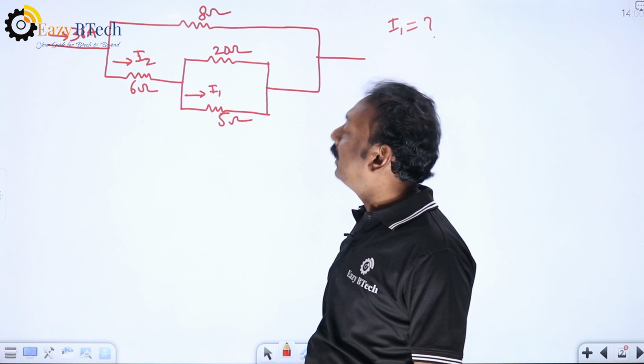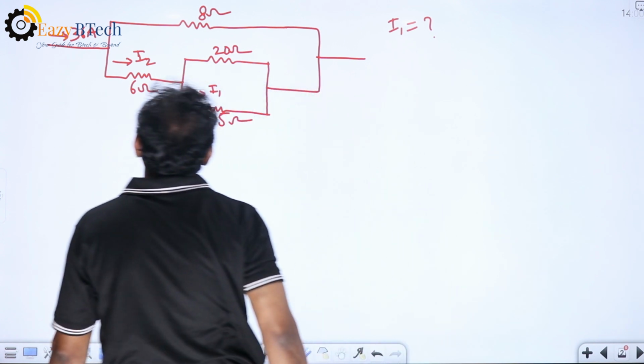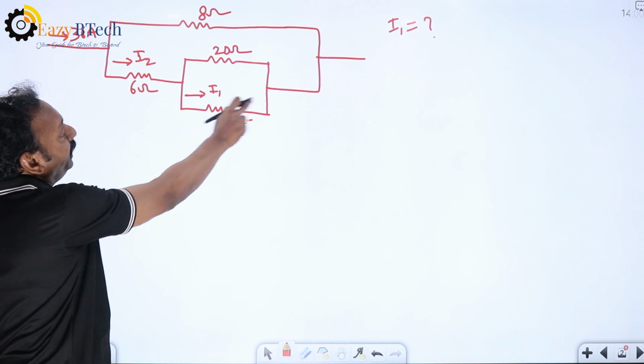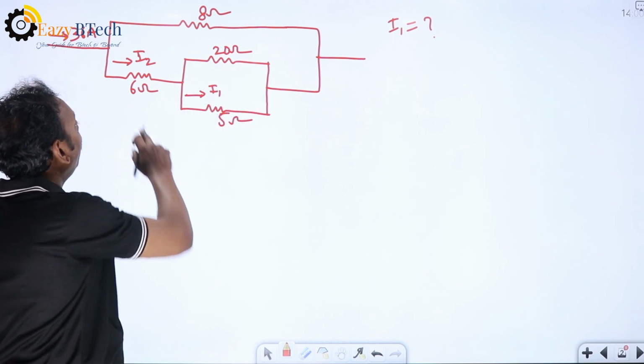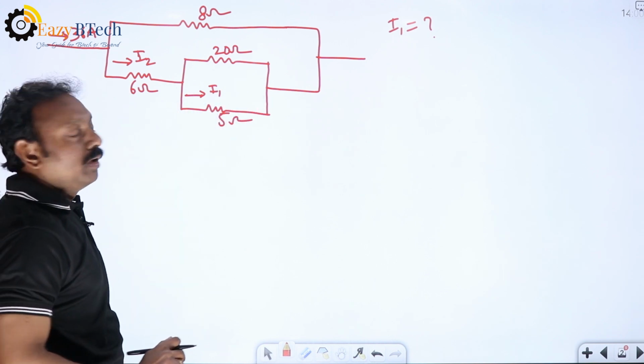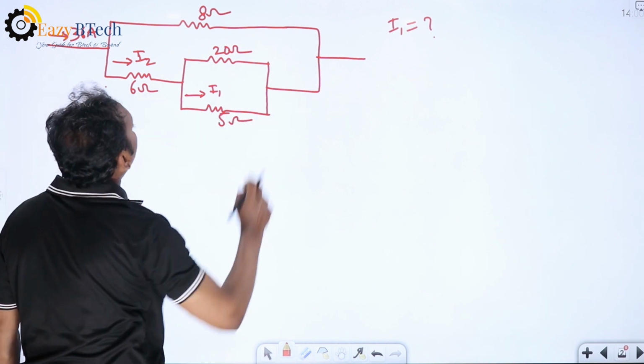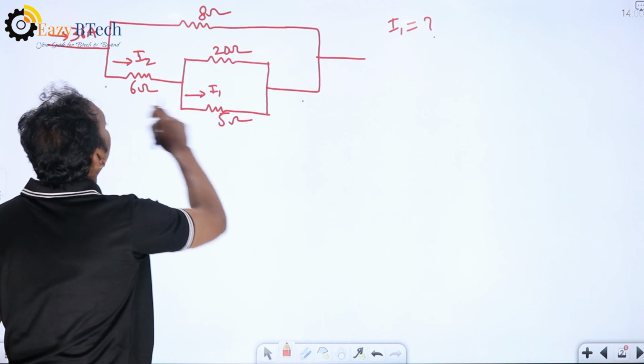Total current given is 36 ampere. So first find out this part's equivalent resistance and find out the I2 value. What is the equivalent resistance from here to here?